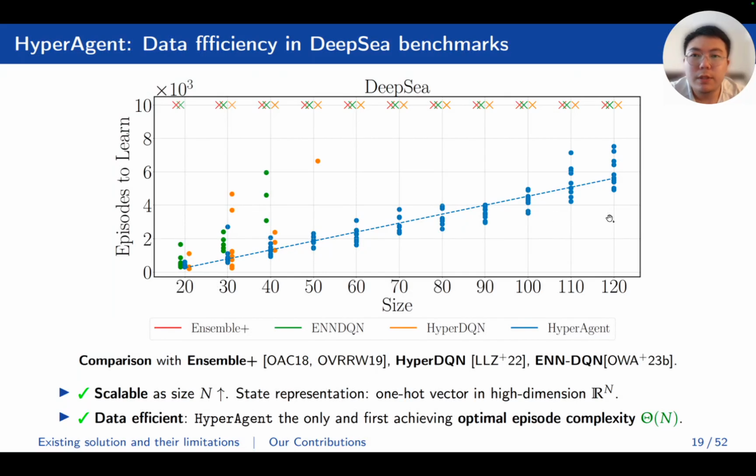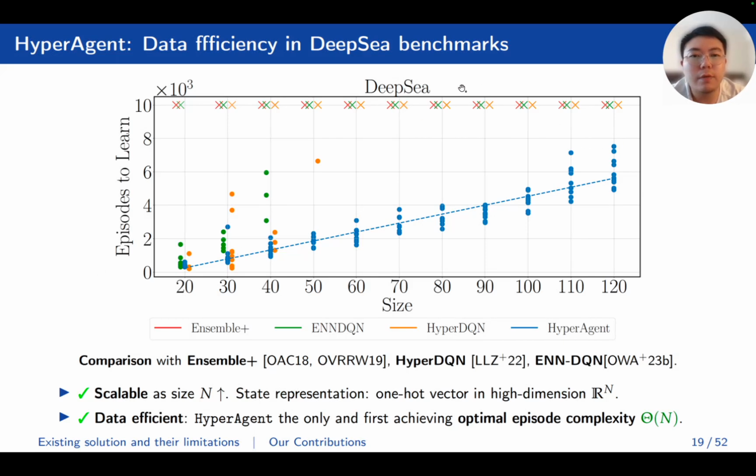And for the DeepSea benchmarks that measure deep exploration behavior, our HyperAgent is the first to achieve linear scaling empirically, because in this problem the optimal scaling with the environment size, in terms of how many episodes are needed to learn, is linear.